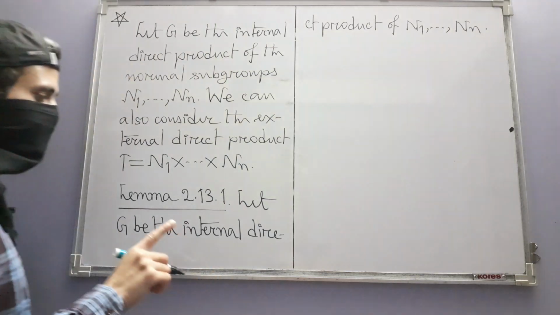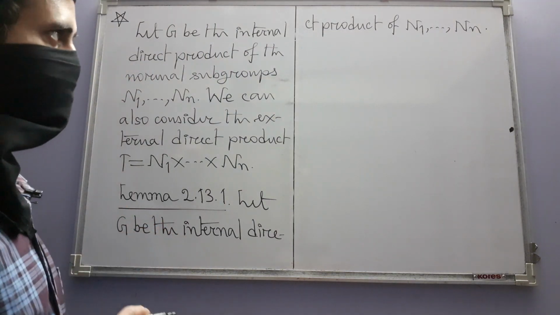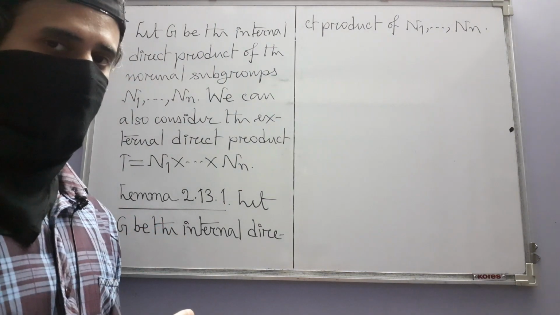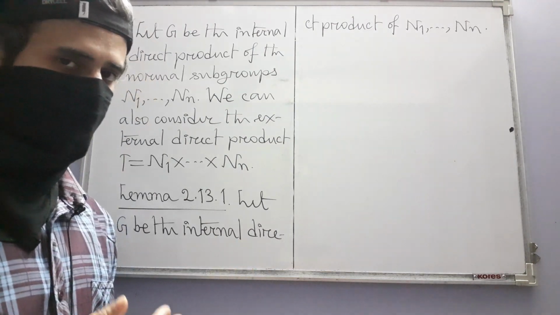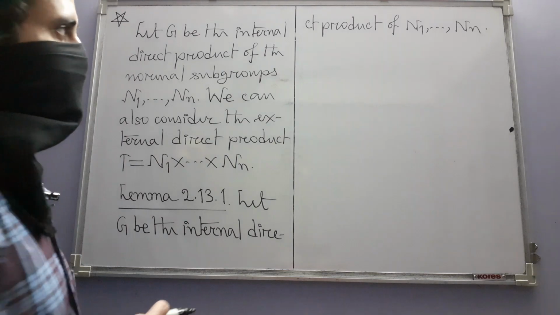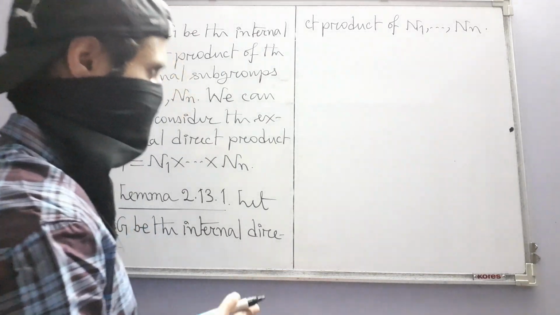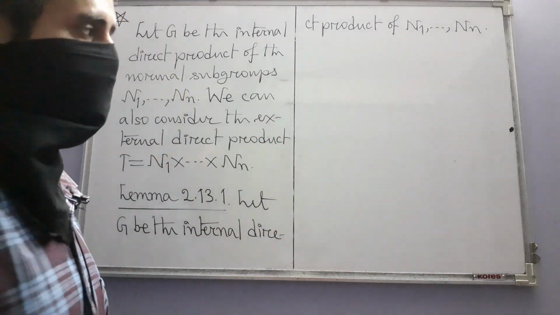And here note that I haven't written normal subgroups. These are normal, that is understood from this sentence itself, that G is the internal direct product of them. Internal direct product is defined only for normal subgroups.